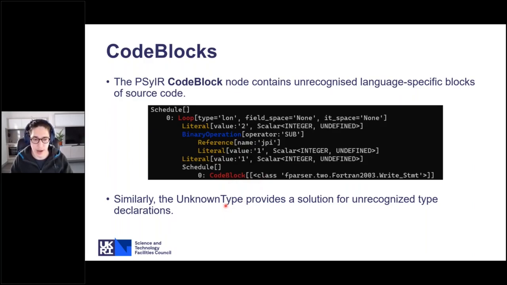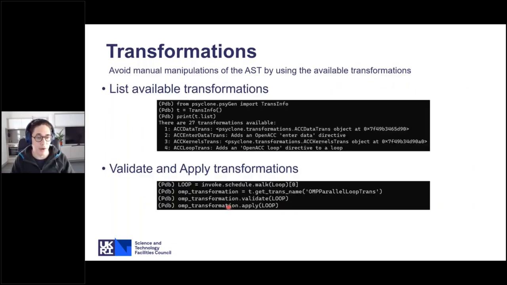This, together with the unknown type that I described a moment before, makes for a quite strong solution that lets you usually parse any code. It doesn't fail, but it just parses the parts that PSyclone is sure that it will understand. Finally, as I said, the typical way to manipulate the PSyIR without going to low-level details is to apply transformations.